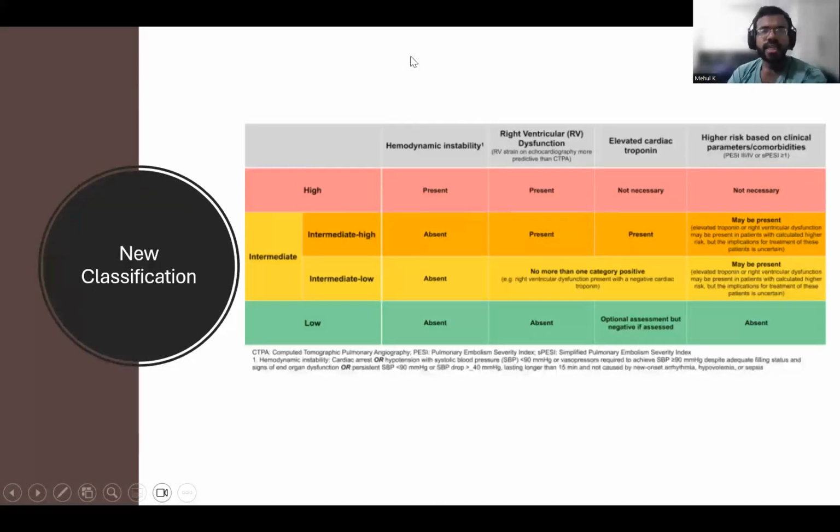Why does this matter? Because some of the patients in the intermediate group will require thrombolytics.